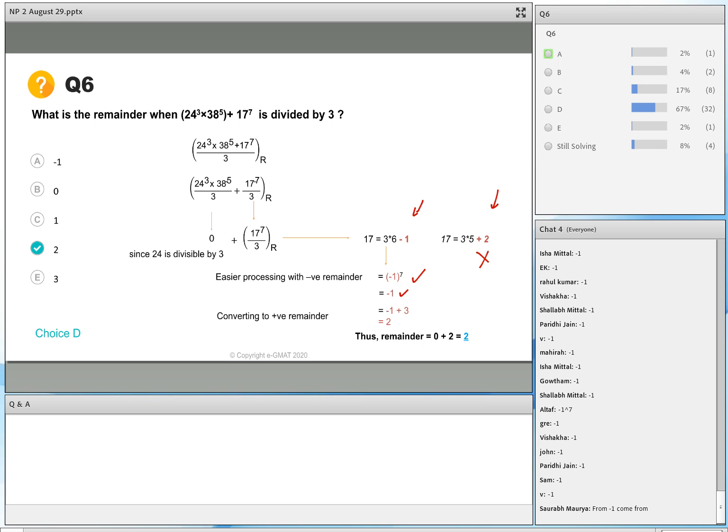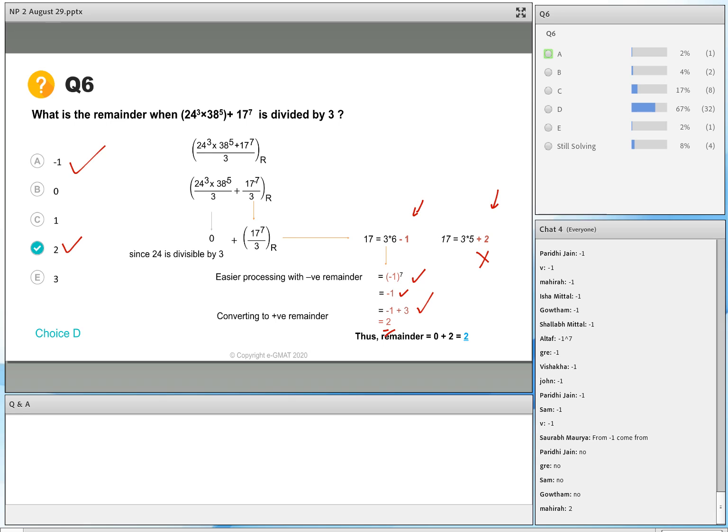Can minus 1 be the final answer at any point in time? No, because negative remainders can never ever be the final answer. We need to convert into a positive remainder. How? We simply add the divisor, which is equal to 3, and hence we get the final answer to be equal to 2 in this case, which is choice D.